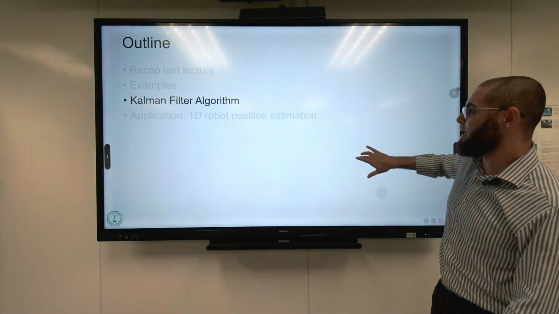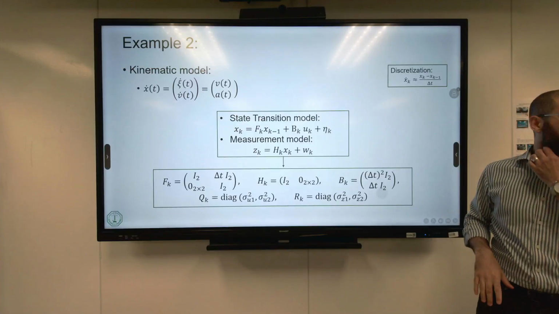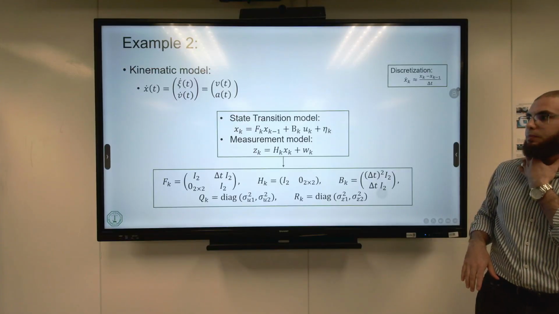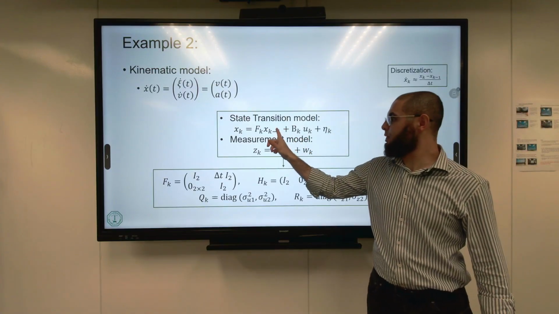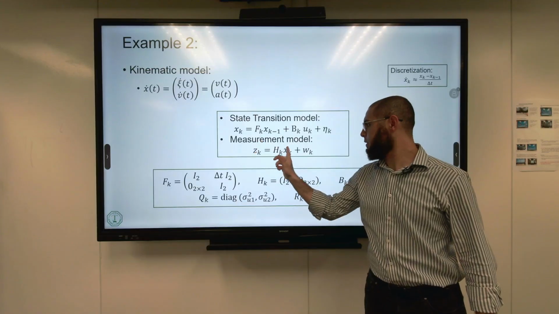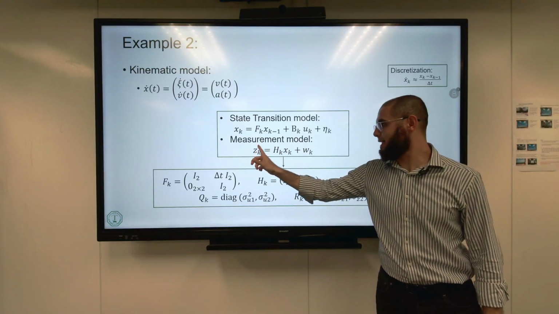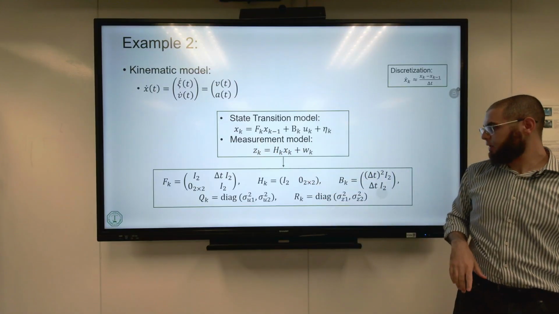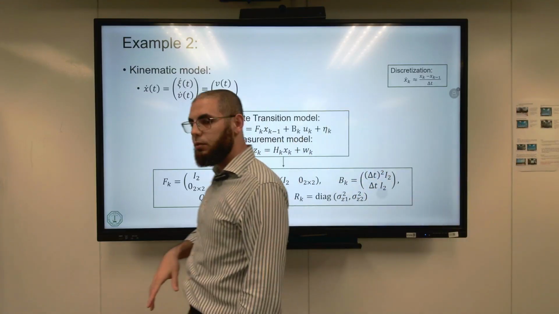So I'll give you now two examples. This was the idea: the state transition model, where we see how the previous states are related to the next states, and the measurement zk is related to the xk by the H. These are the things that we just derived together. Make sense?